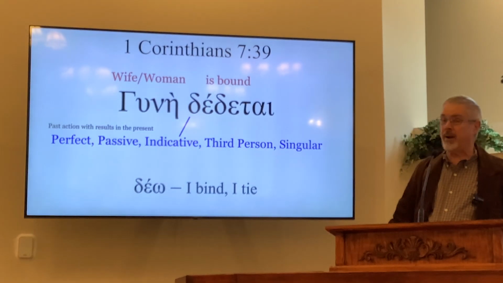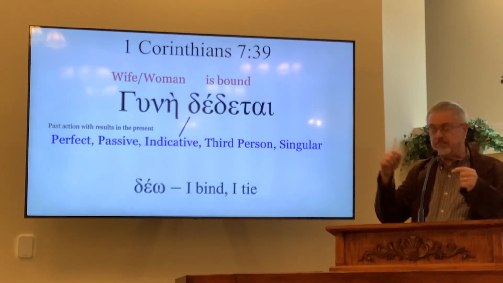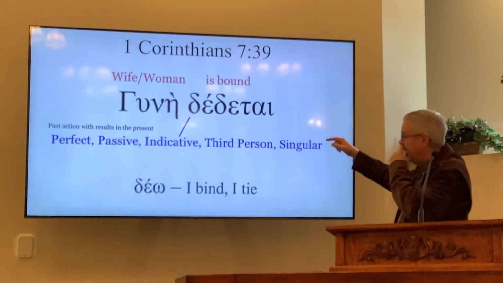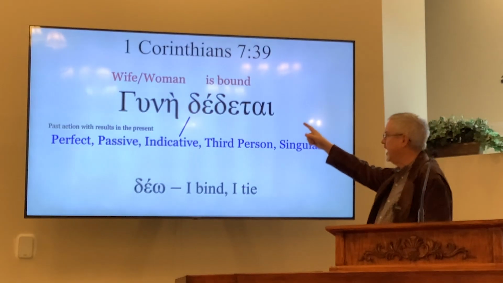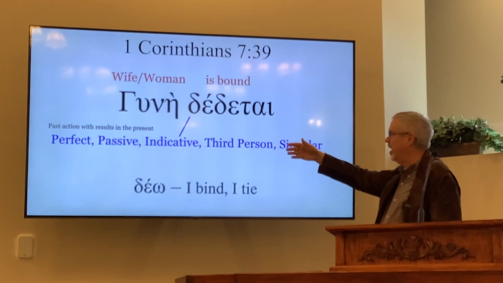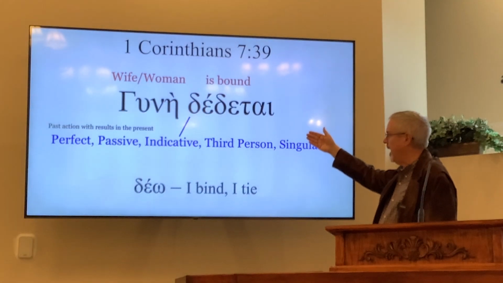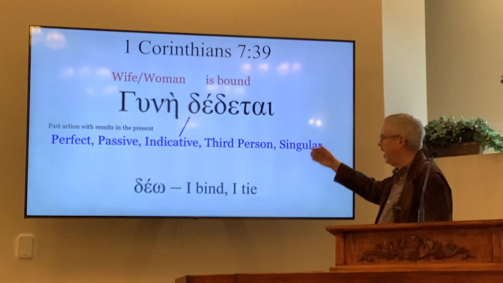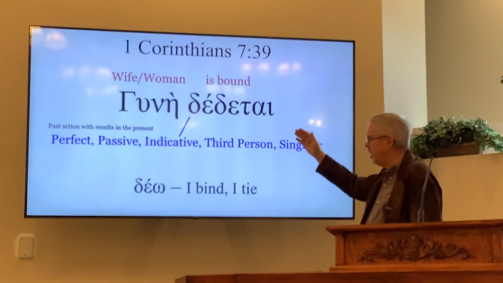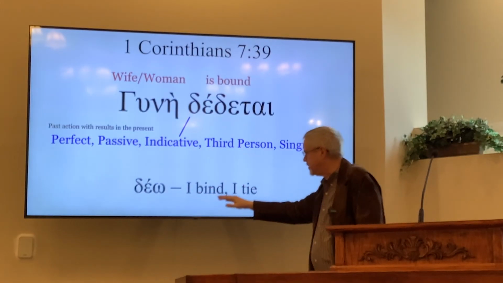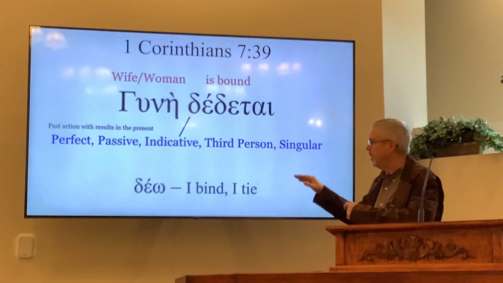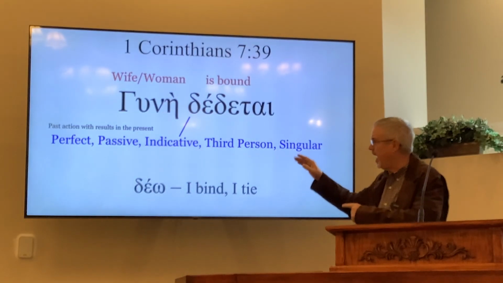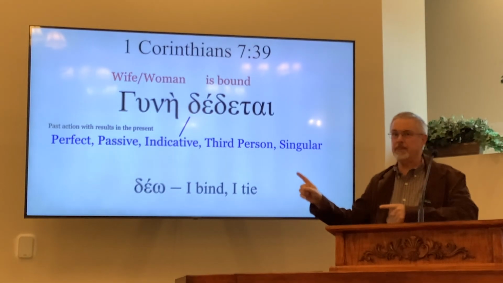Her husband's not binding anything either. It is marriage that is doing the binding. And we can change this to aner dedetai, that the husband is bound. It is the same thing. And this comes from deo, which means I bind or I tie. That is the meaning of that.